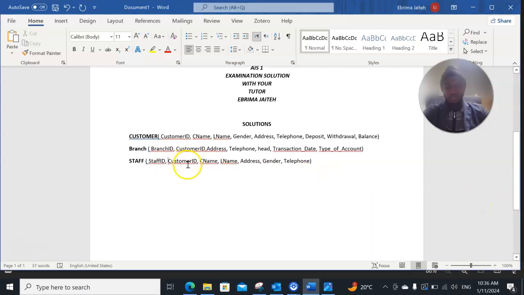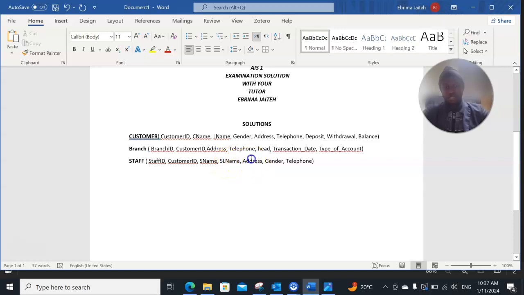you can see we have customer ID. This is a foreign key, but this C name is not supposed to be here. We are not dealing with the customer table, but we are dealing with staff name. So here we can change this C to S. So staff name, and then you can say staff last name. You can say L name, meaning staff last name.